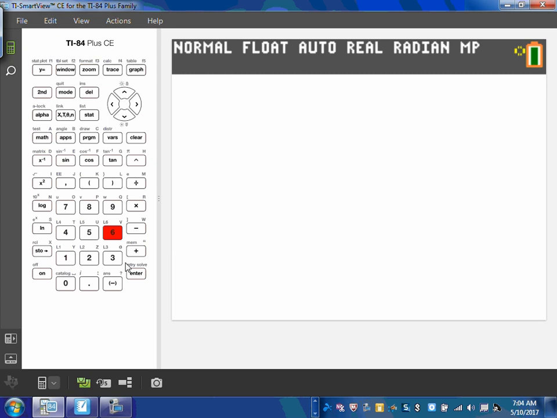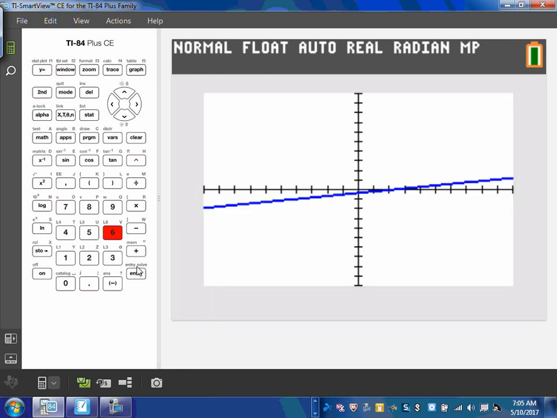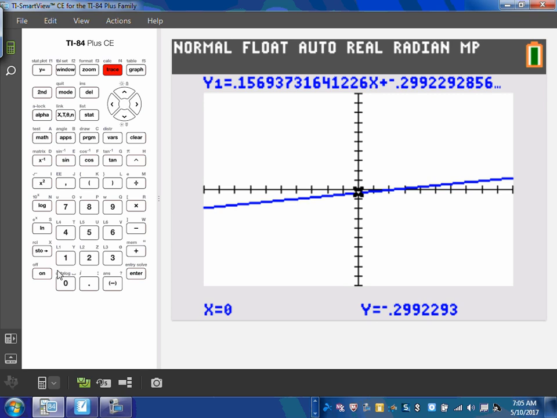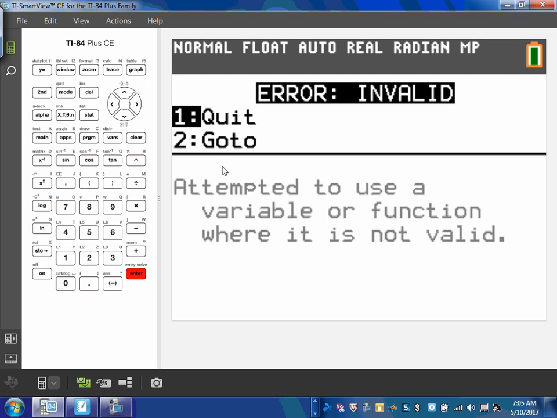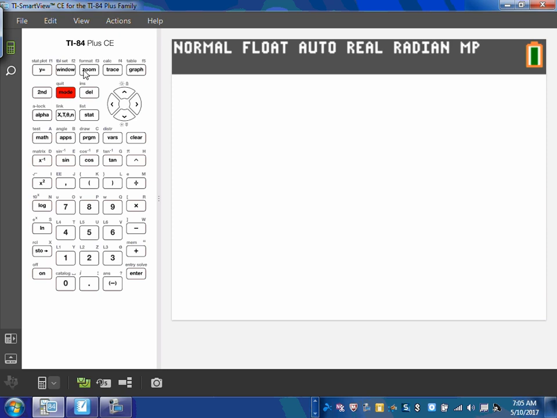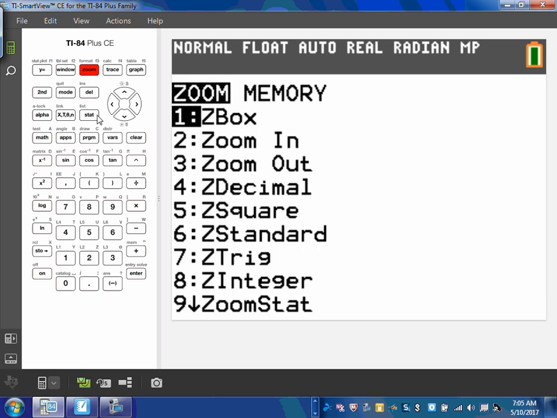So let me fix my graph here. All right, so we want to know when it's $10.50. If we hit trace and type in 1050, okay, 1050 is not in the viewing screen, so I need to hit second mode or second quit. Zoom. I need to zoom out, so number 3.